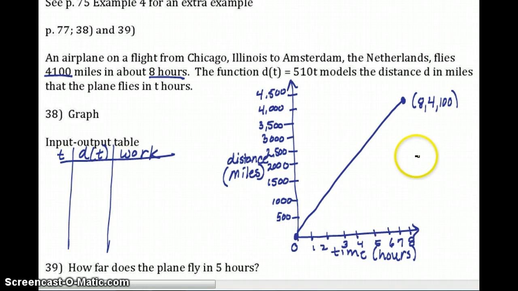Our domain, and this question doesn't ask it, but others do, is you're going to start at 0, okay, because you can have 0 hours, because t are our domain values. And you can go up as high as 8. That's why we have the equal to sign. Our range values, a reasonable range value would be 0.